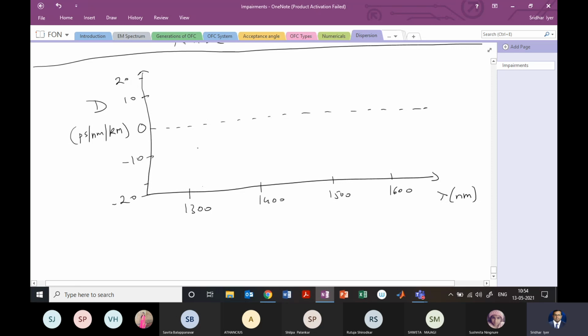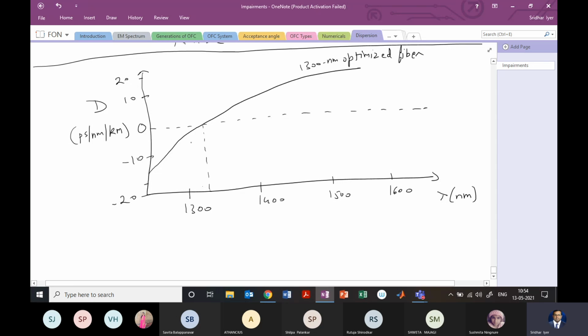So if you have a 1300 nanometer optimized fiber which we are using, then you will get the zero dispersion somewhere around 1320 nanometers, and the dispersion profile looks like this. So this is your 1300 nanometer optimized fiber.